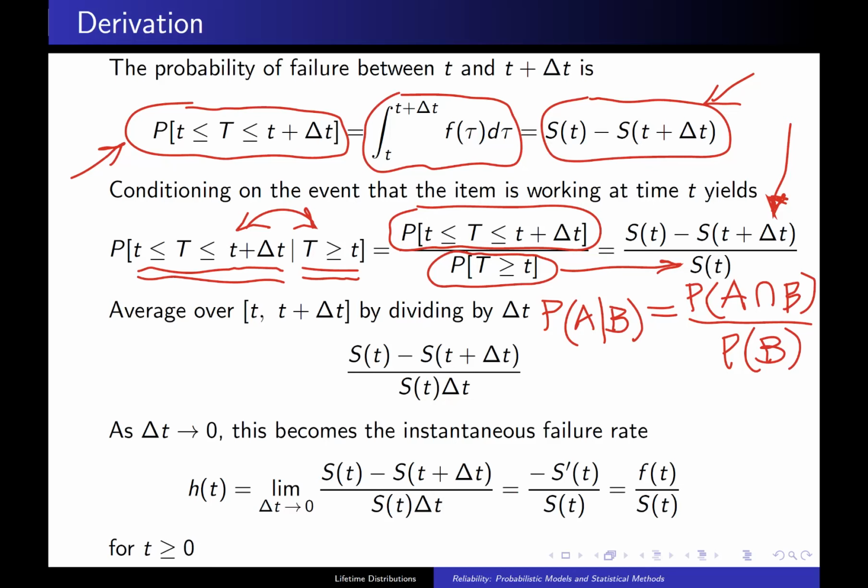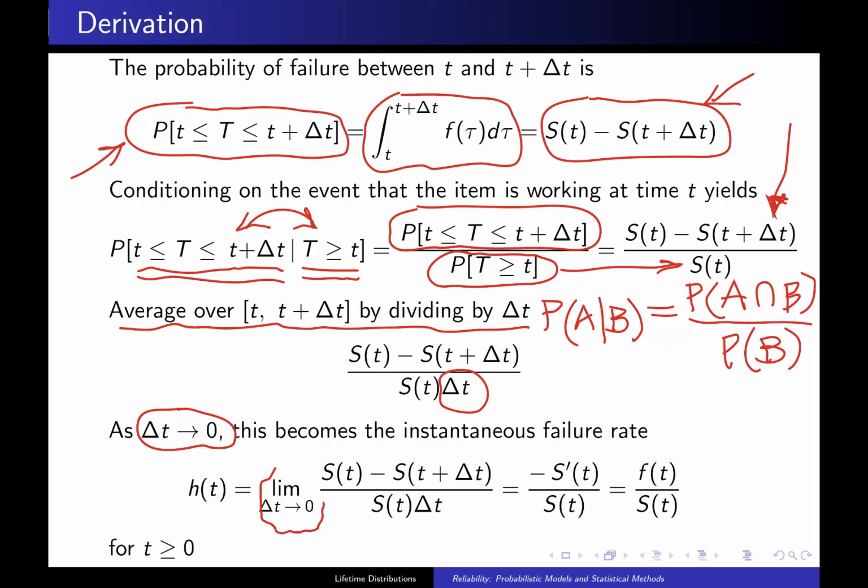So in the next step of the derivation, we average over that interval by simply dividing the previous expression by delta t. When you do so, it becomes a rate. Finally, the last step is we take the limit as delta t approaches 0, and this will become what's known as an instantaneous failure rate.